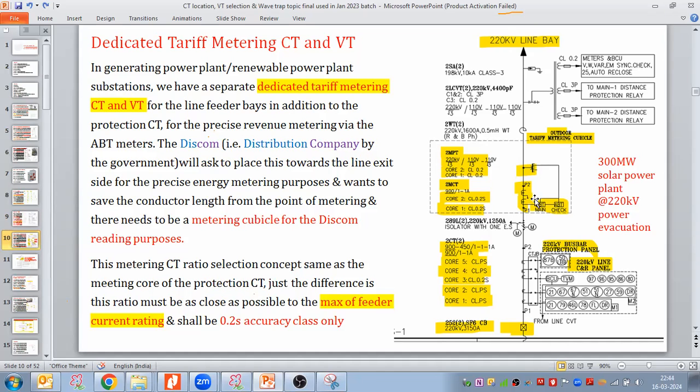Means CTVT placed here, CT and VT, we take 2 core CT and 2 core VT, and after that we have ABT main meter and check meter. That meter we place in a metering cubicle.